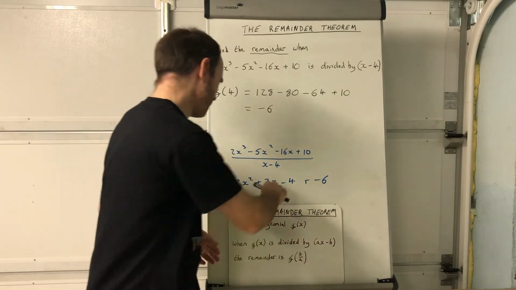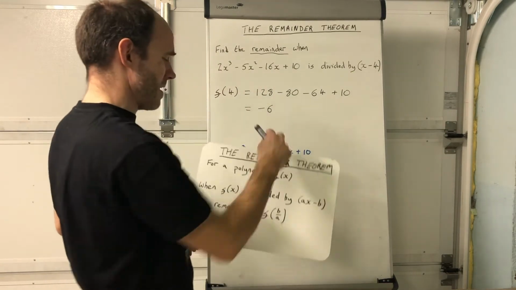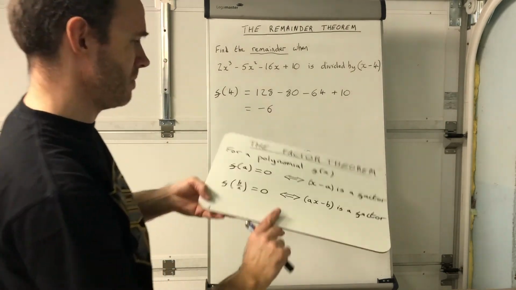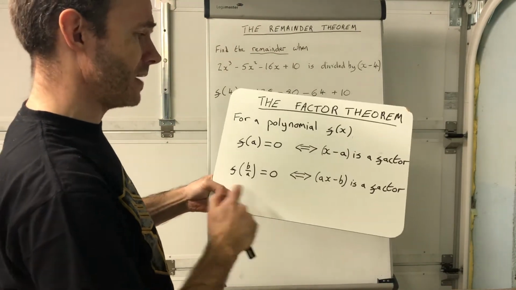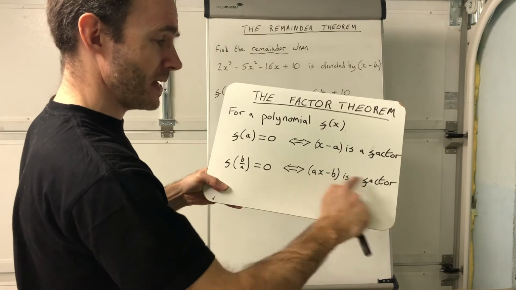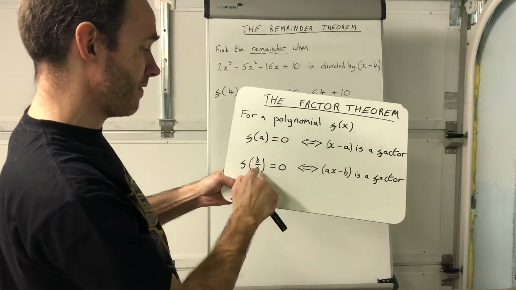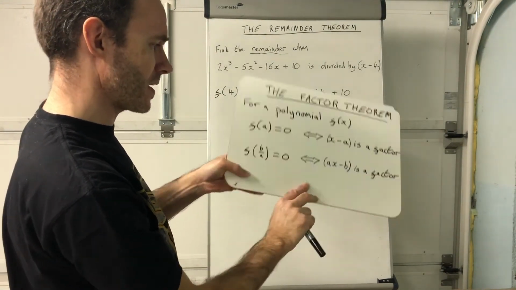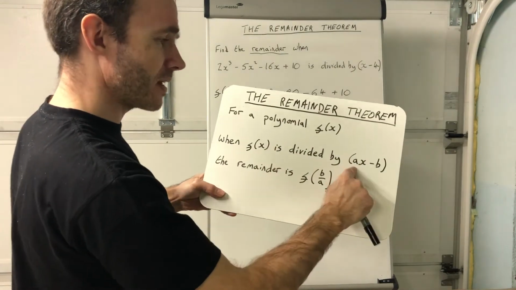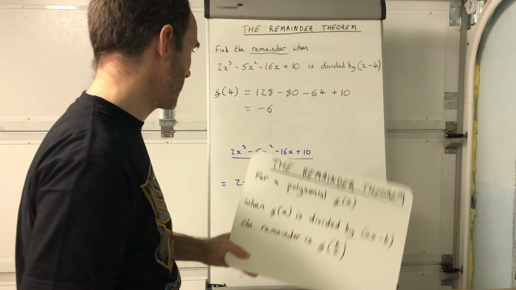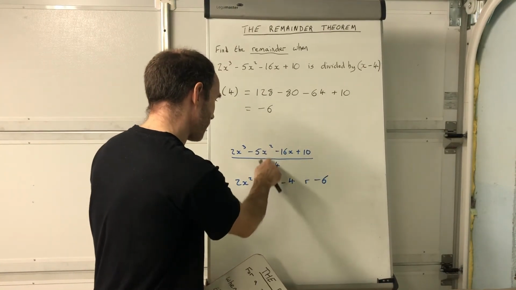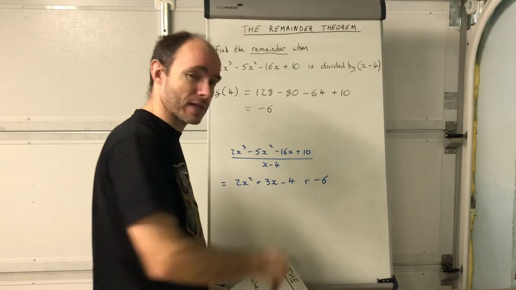What I want to show you is the similarity between that and what we've seen before, the factor theorem. Remember the factor theorem was all about this ax minus b as a factor and f of b over a equals 0. Whereas now we're talking about that not being a factor. It's not a factor if there's a remainder, of course. You can see this does not factorise using x minus 4 because there's a remainder.